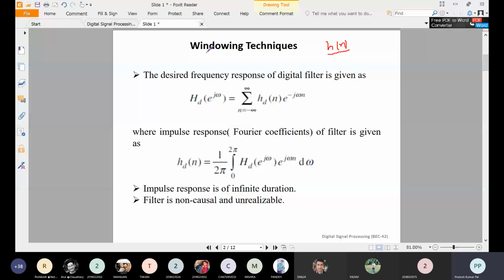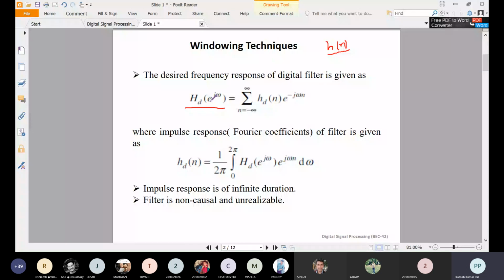We know that in the case of digital filters, the frequency response is given by Hd of e to the power j omega. This is our desired frequency response of a filter that we are going to implement as an FIR filter, and it is given by the Fourier series formula.